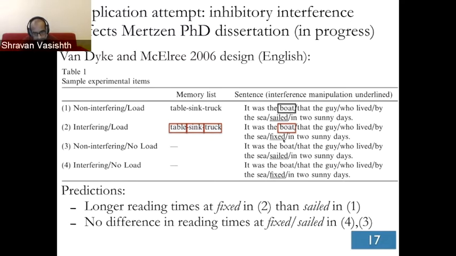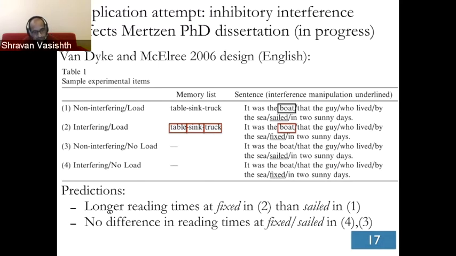In order to compare these 2 reading times, fixed versus sailed, she also had to have 2 baseline conditions where subjects did not have to memorize anything. You need that because you can't compare the reading times of sailed versus fixed directly, since these are different words. So what you really need is baselines for each of these 2 conditions. That's why she had conditions 3 and 4 with no memory load.